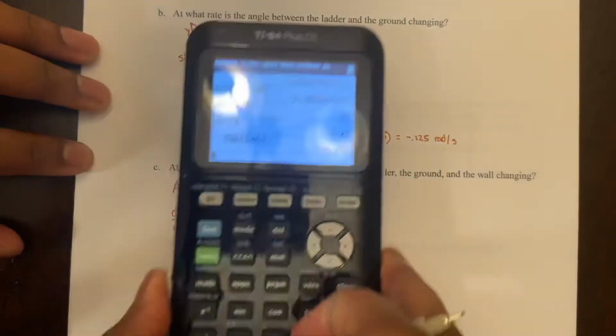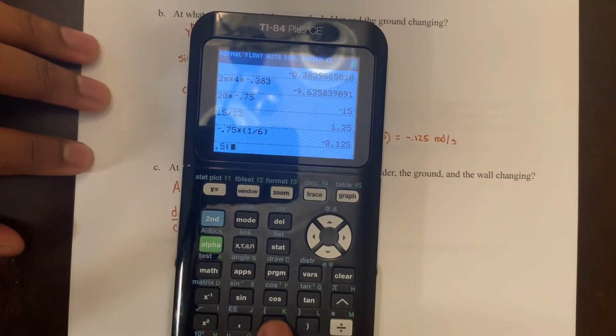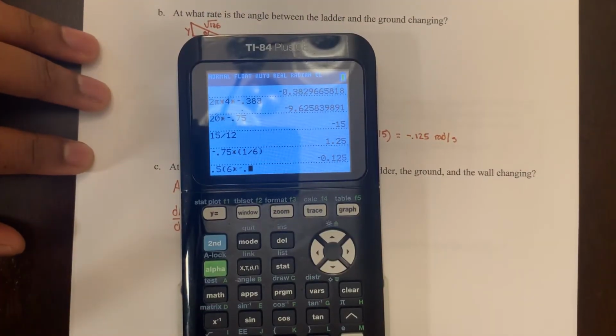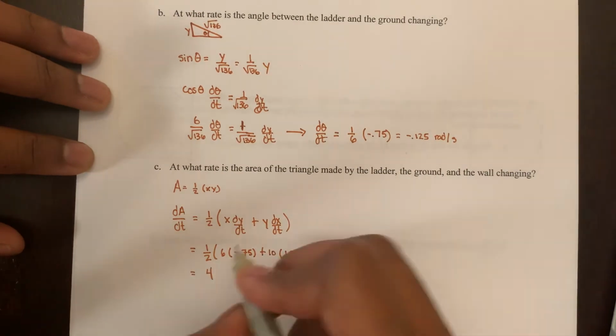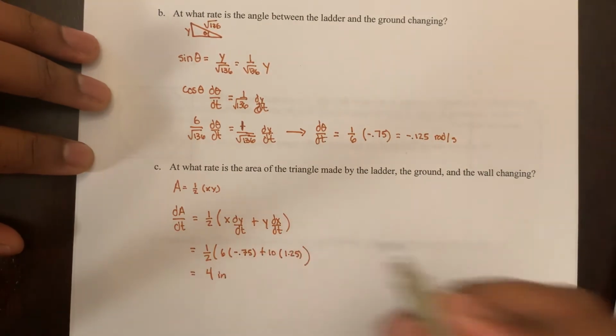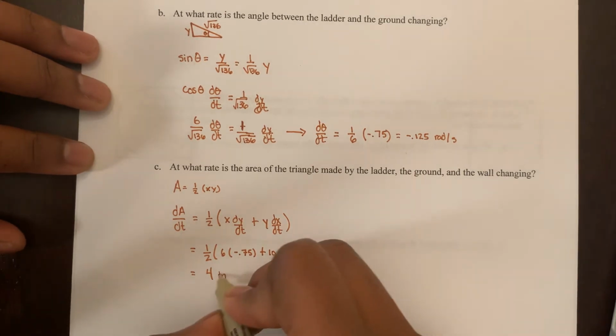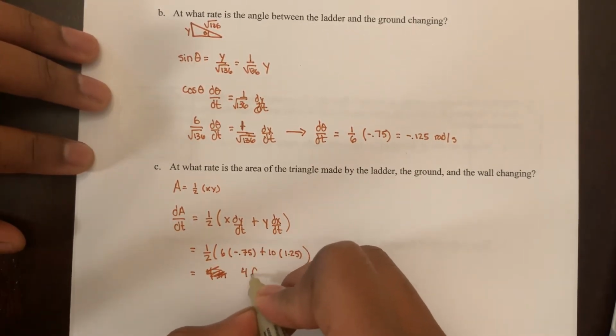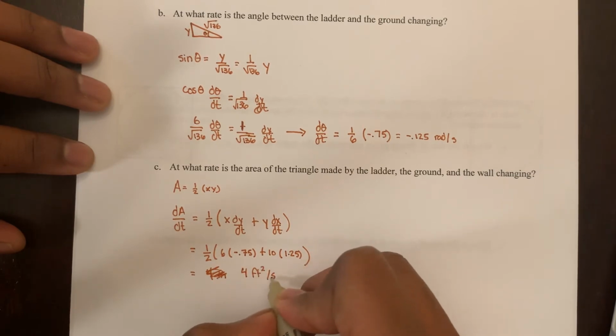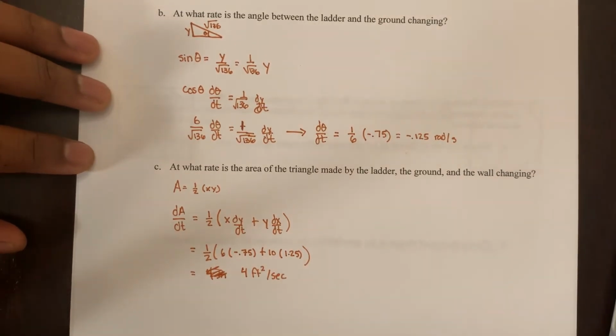So since we have a calculator, we can just do 0.5 times, 6 times negative 0.75 plus 10 times 1.25, close parentheses, and we get 4 square feet per second.